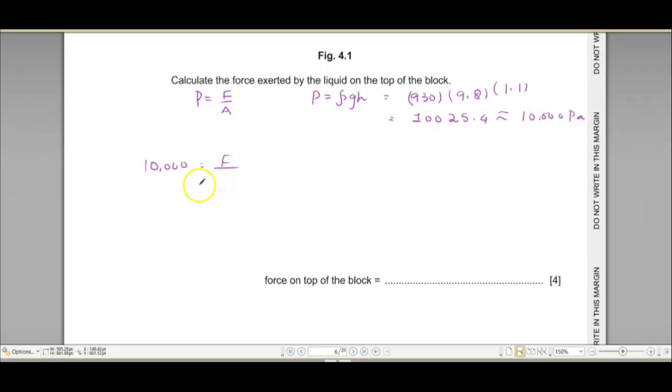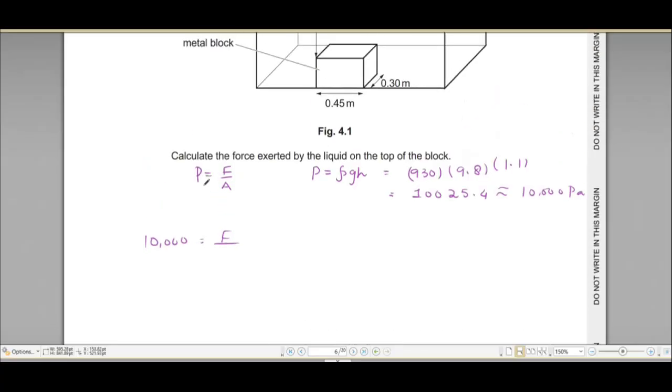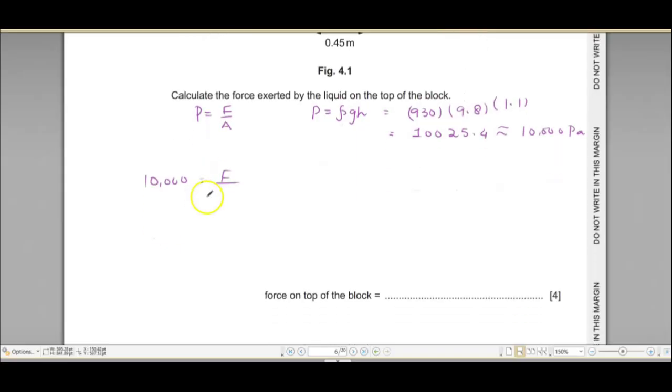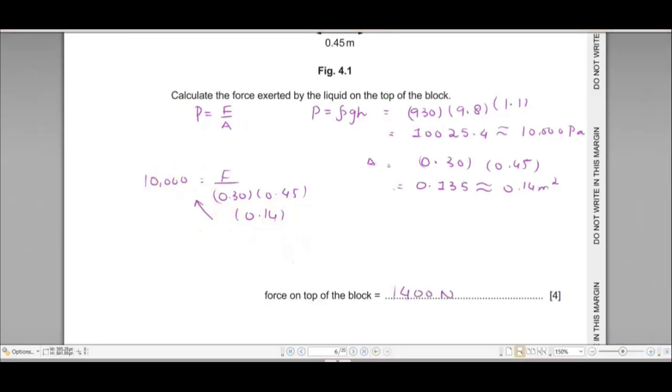Okay, and then we have these two values over here, 0.30 and 0.45. We can also first calculate the area, 0.30 into 0.45, which can be rounded off to 0.14 meter square. And when we multiply these two, we get 1400 newtons.